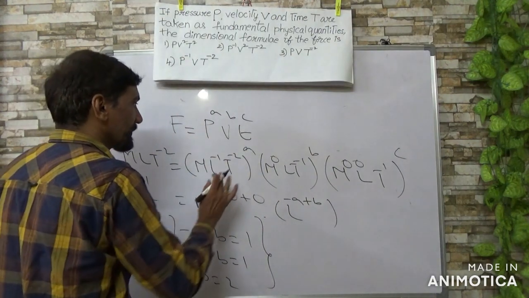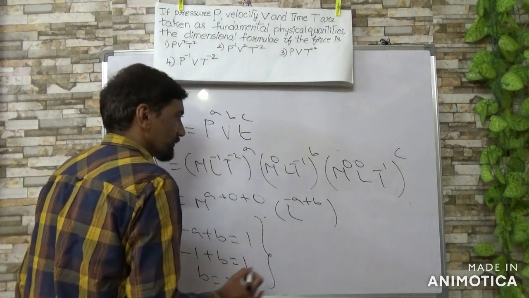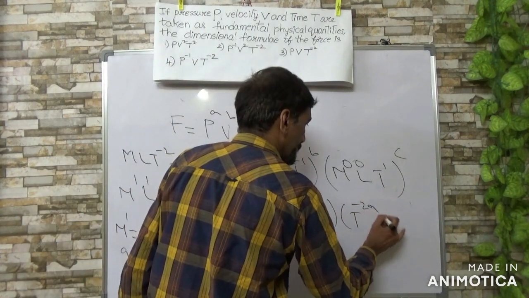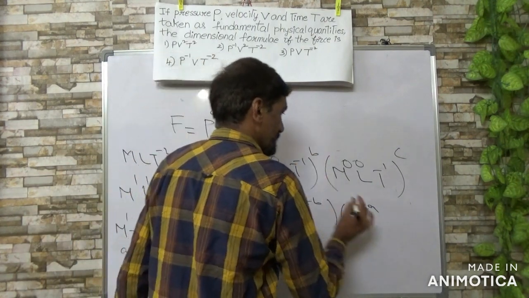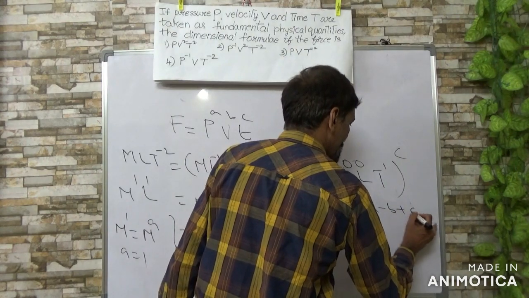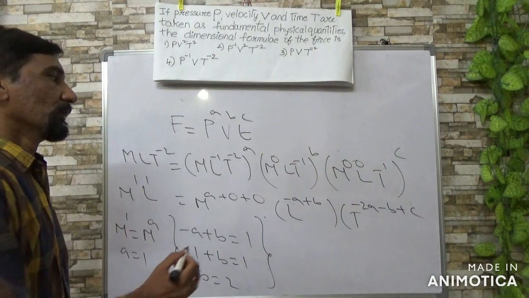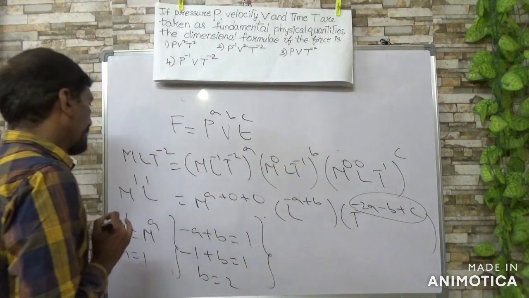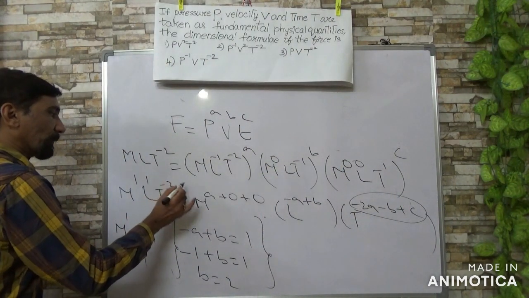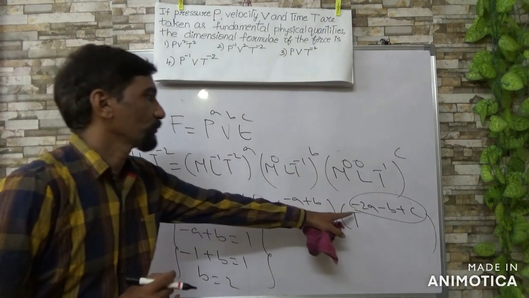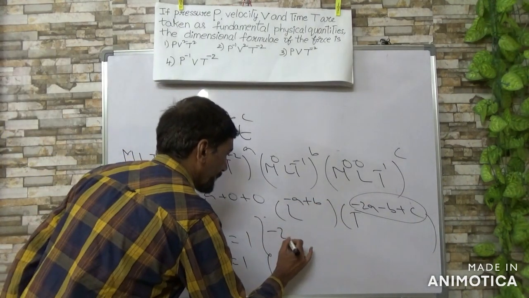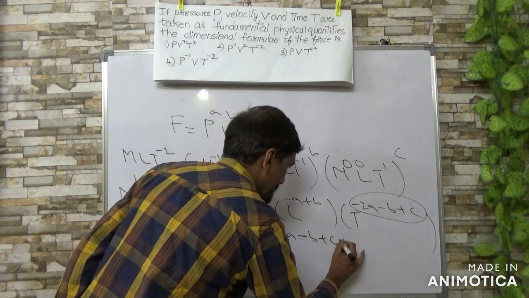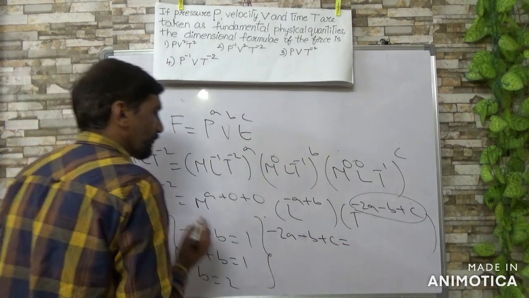T power minus 2A minus B plus C is directly equated to T power minus 2. So minus 2A minus B plus C equated to minus 2.